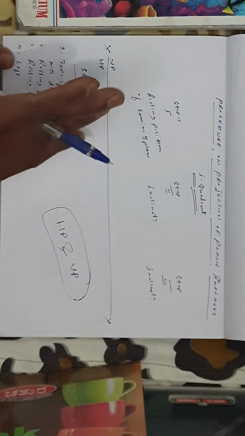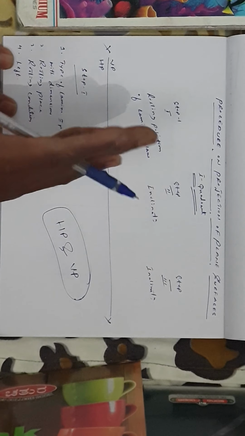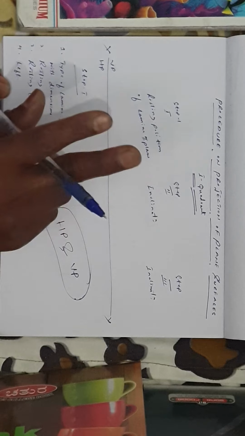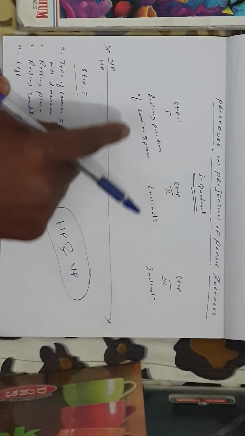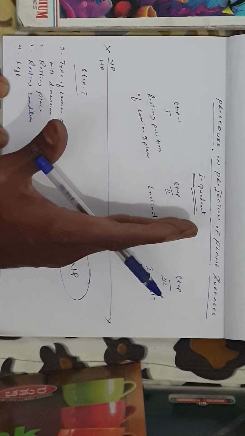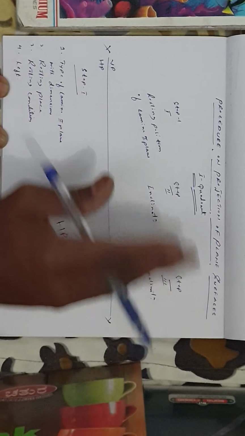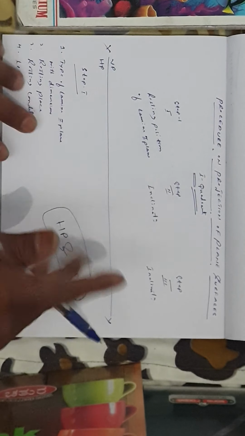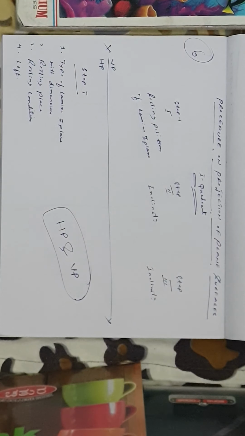So there are 3 steps, totally 6 views. We solve 2 views in each step: front view, top view, front view, top view, front view, top view. This is what the steps are.